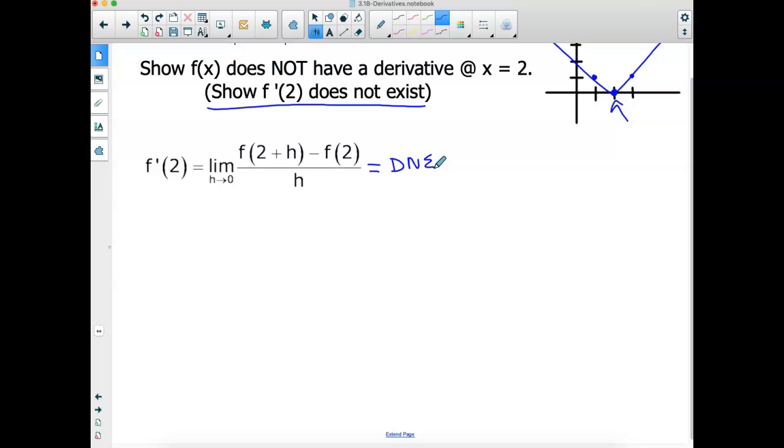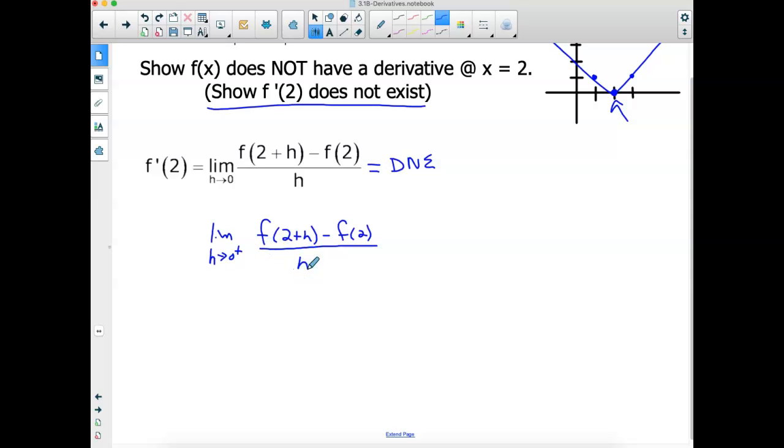So, if I take the right limit, the limit as h approaches 0 from the right of f of 2 plus h minus f of 2 over h.